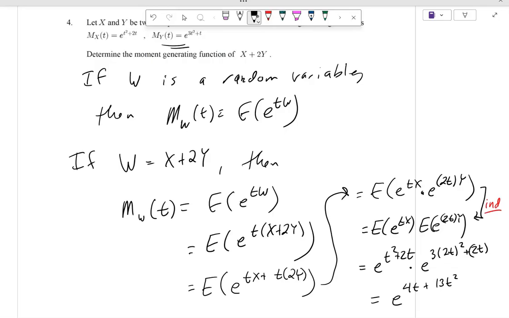I feel like I made an error somewhere along the way here. In any event, we should have added the variances. Why am I getting something that's squared? 13 plus 6 plus 6 is what I'm getting. Now, anyway.